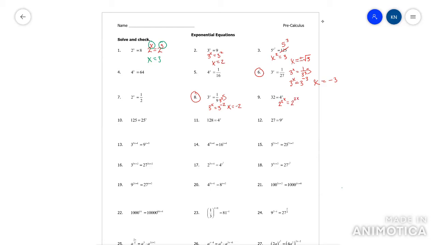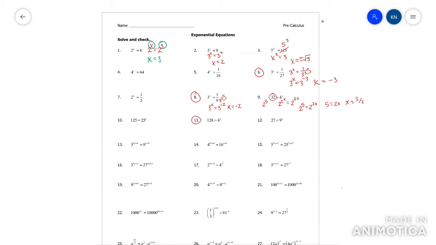I'm multiplying that by the x. Well, you just got to then get 32 in powers of 2. So this is 2 to the 5. So you end up with 2 to the 5 equals 2 to the 2x. And so you got 5 equals 2x, and then you can just divide by 2. x equals 5 halves. So that's how you handle those.